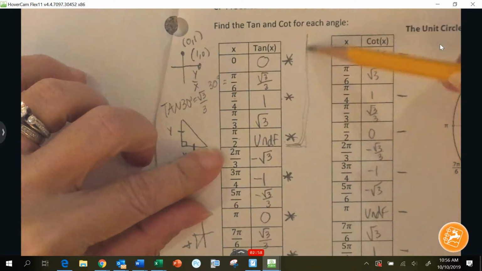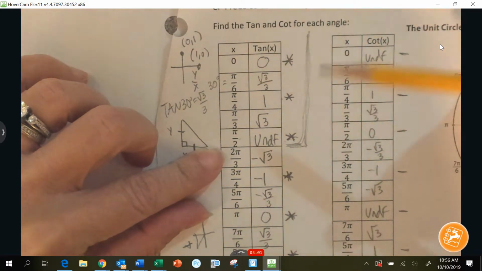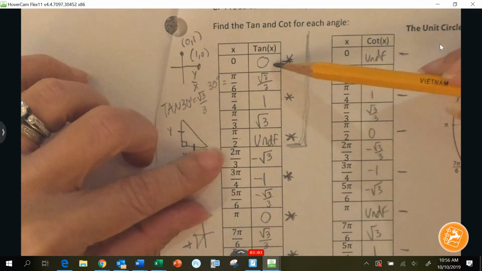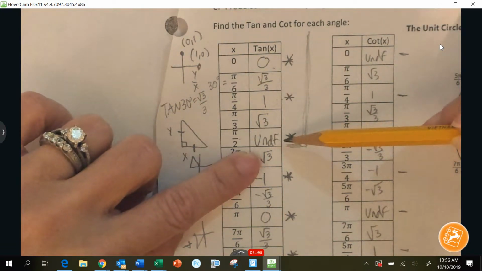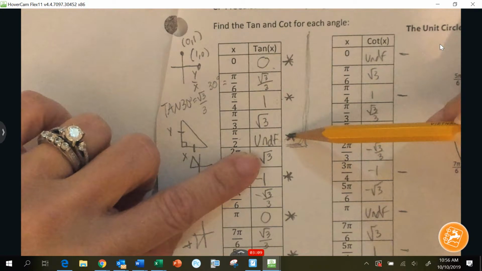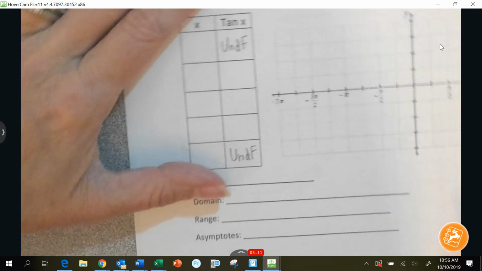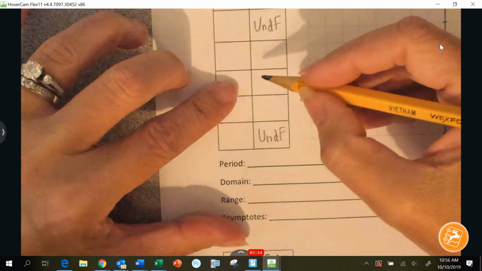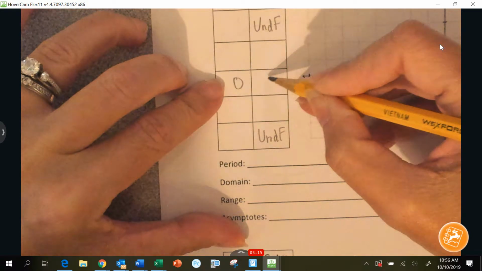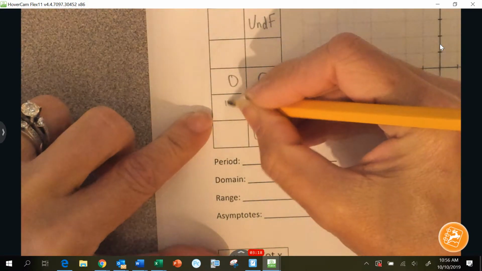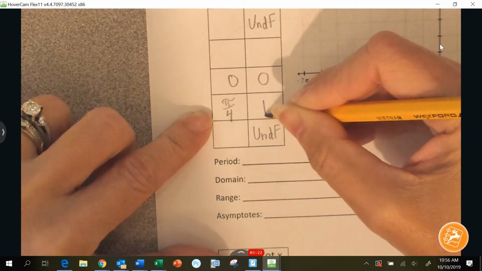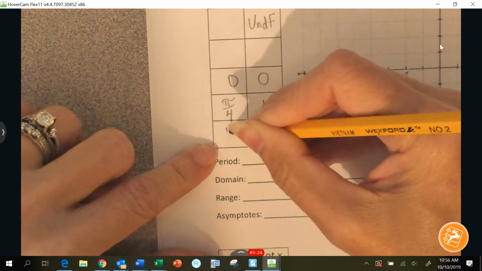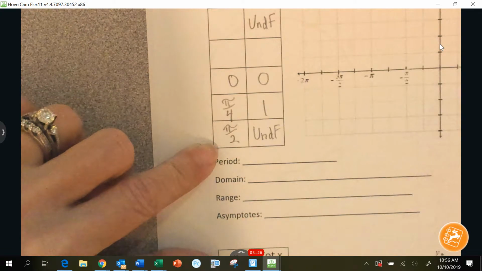Whoever decided this, we're going to use these three values, and that undefined will be the third value we use. So here I'm going to put my 0, 0. I'm going to put pi over 4, which was 1, and I'm going to put pi over 2, which was undefined.